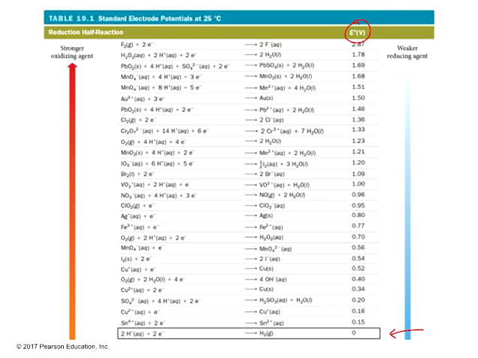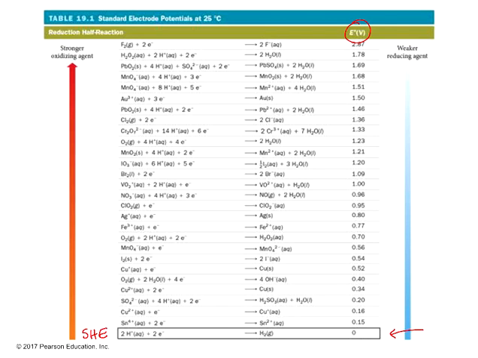So I cut this table in half, and you'll notice that above that standard hydrogen electrode, all of the E values are positive. So each of these half reactions have a positive E value.